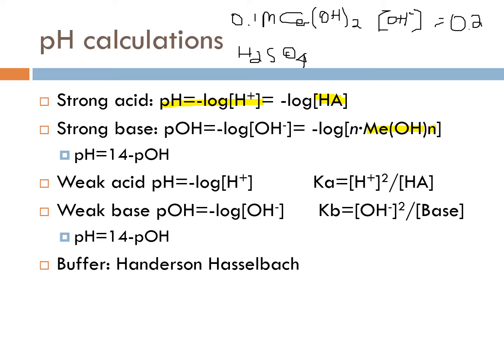So to get the actual pH, you need to go minus the logarithm of 0.2. So let's see what comes up. Okay, so it's going to be 0.67.